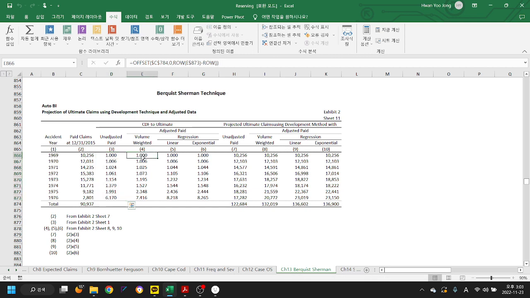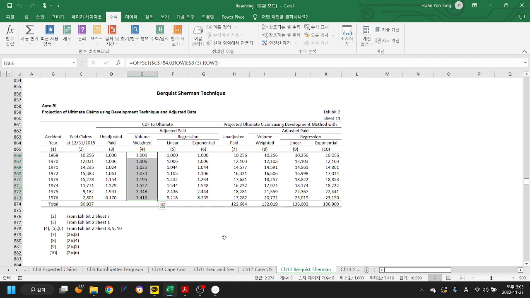And this is the basic chain ladder after you adjust the paid loss development triangle, which doesn't look big, but if you apply it to the paid loss amount, it is going to create a significant difference. And also here, against the adjusted paid loss triangle, use the linear regression or exponential regression.